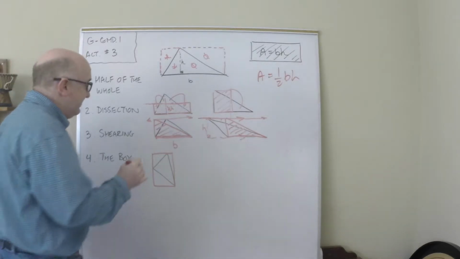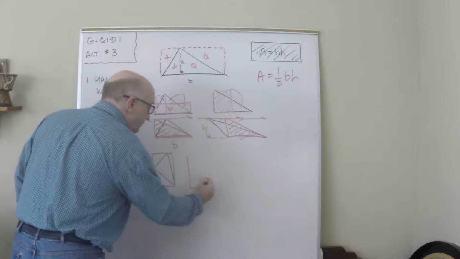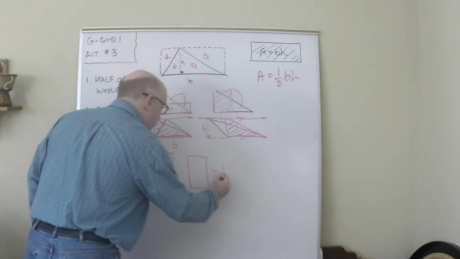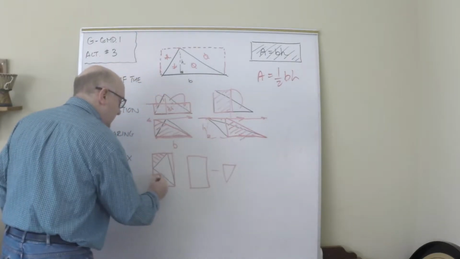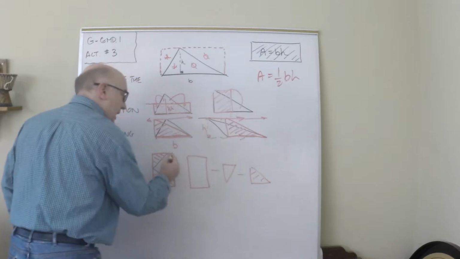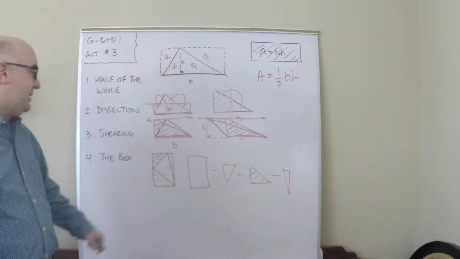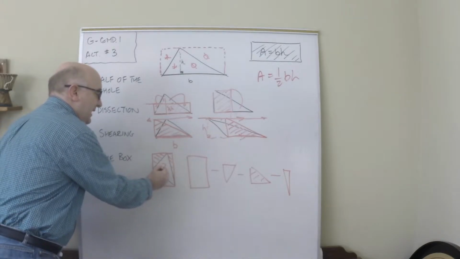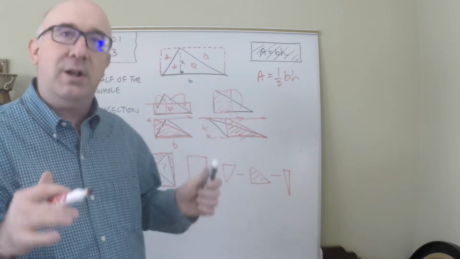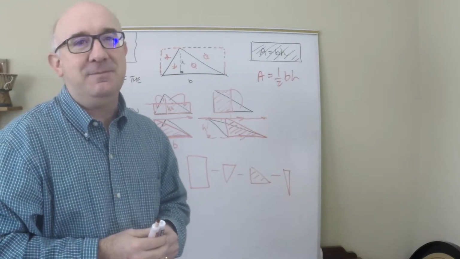And then notice it makes one big rectangle, and then what you do is you subtract out the little guys. This guy, subtract out this guy, subtract out this guy. And when you subtract those pieces out, what's left is the area of that quite unique or awkward looking triangle. We'll look at a couple up close to give you an idea.